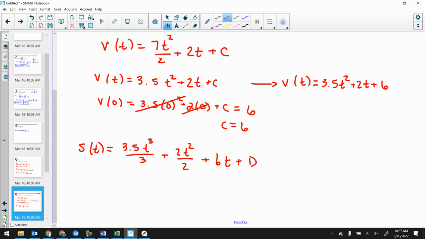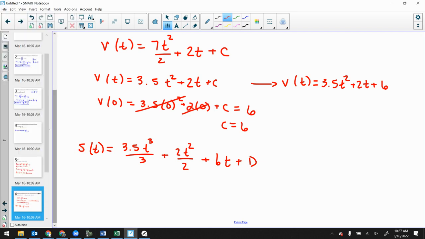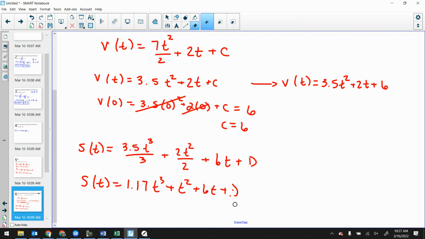All right, so 3.5 divided by 3 gets us 1.16 repeating. So s of t is going to be equal to 1.17, we'll round it, t to the third plus t squared plus 6t plus d.